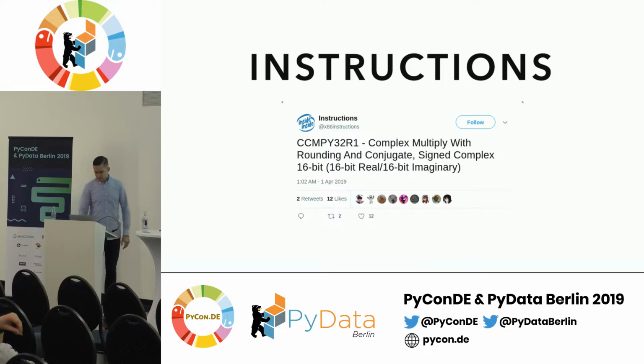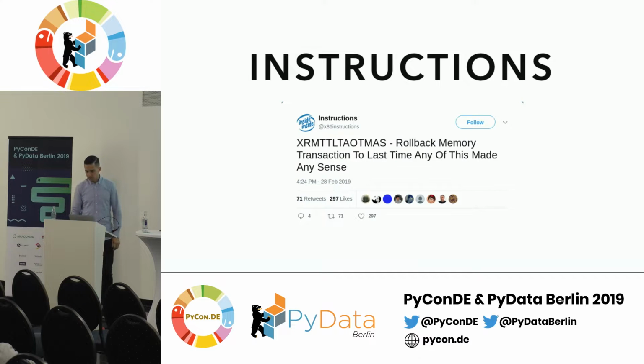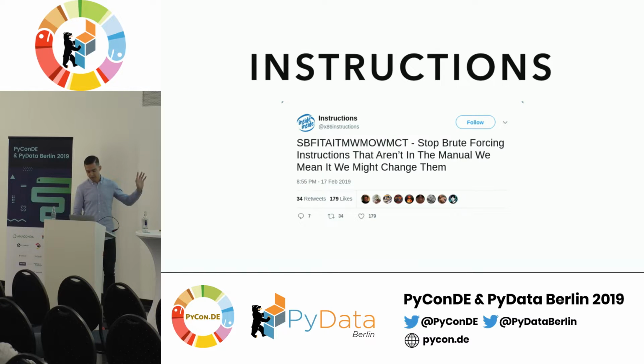Complex multiply with rounding and conjugate signs makes even less sense to me, and maybe this is becoming clear by now. It certainly will. With this one, rollback memory transaction to the last time any of this made any sense. This is really a parody account on how complicated and confusing x86 is, with instructions such as stop brute forcing instructions that aren't in the manual. We mean it. We might change them.